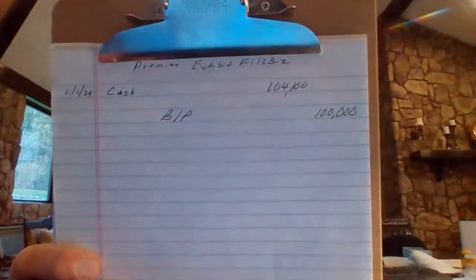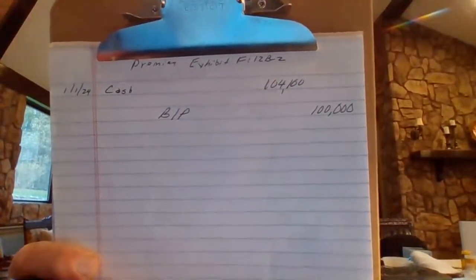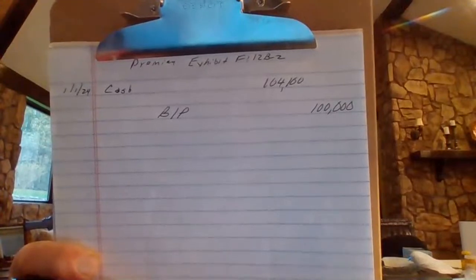On January 1, 2024, we're selling the bonds at a premium. So we're going to get $104,100 cash. Bonds payable, always at face value. Again, I'm piecemealing it so you can see the effect and figure it out logically instead of having to memorize it. I've got in $4,100 there, and that's going to be premium on bonds payable.